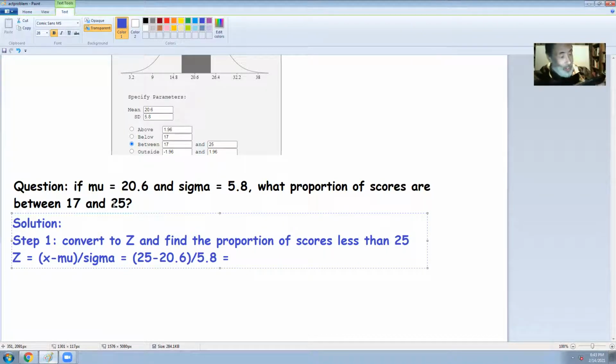My calculator just went dark on me. So, welcome to old age. Let me make it lighter. That gets me 0.7586.